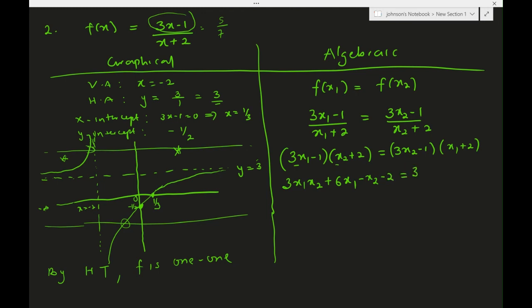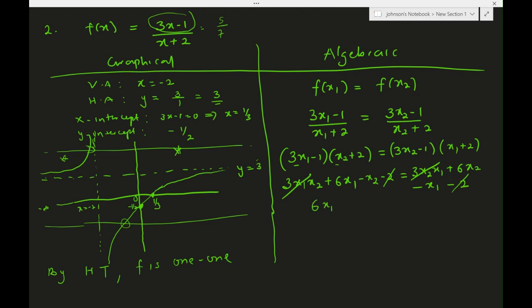On this side, we'll have similar terms: 3x2x1, plus 6x2, minus x1, then minus 2. Now we can cancel this term, and if you look carefully, the minus 2 will also go with the minus 2.